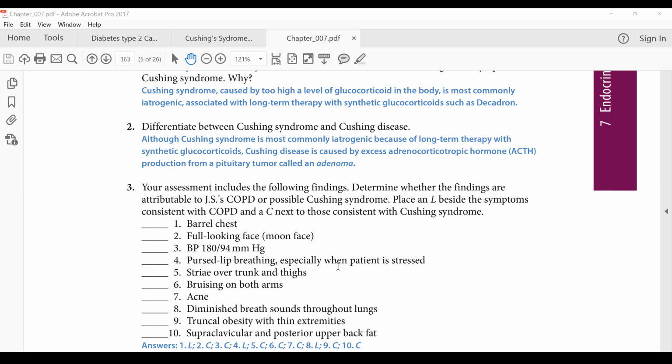Dorsal cervical fat pad or the buffalo hump is another one that they can develop. Blood sugars are extremely high. Depression, and then women can have reproductive issues like amenorrhea, so that means they don't bleed. Menorrhea means bleed. A means no or without. Males can end up with erectile dysfunction.